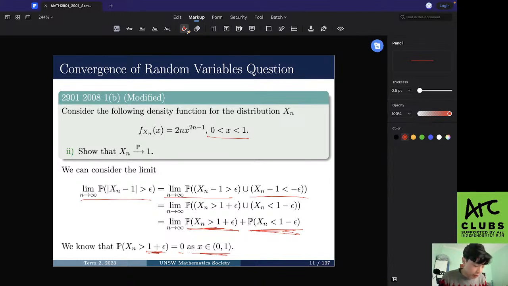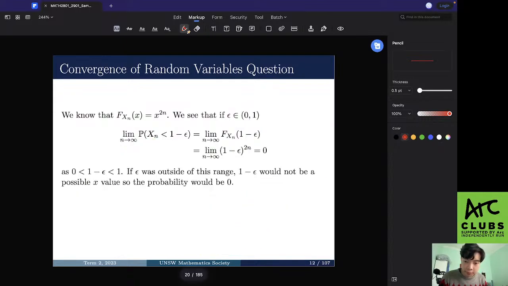And obviously, a 0 plus a 0 is 0, so we've shown that our limit right here is 0, so we can conclude that xn converges in probability to 1.